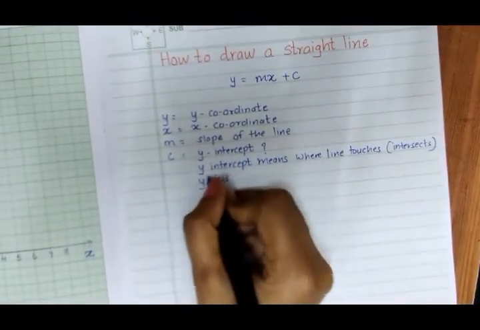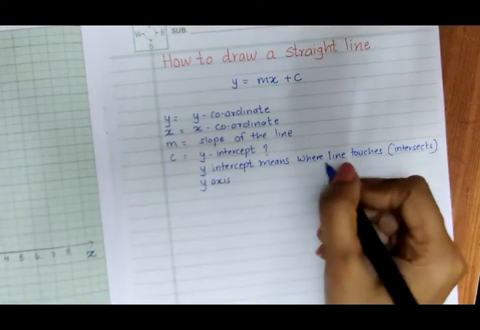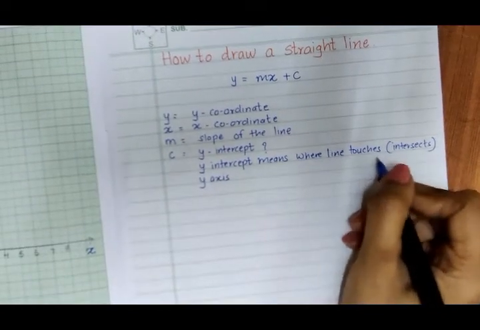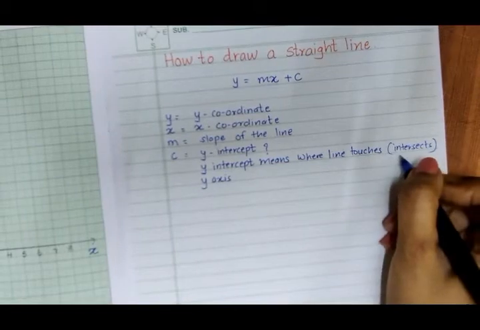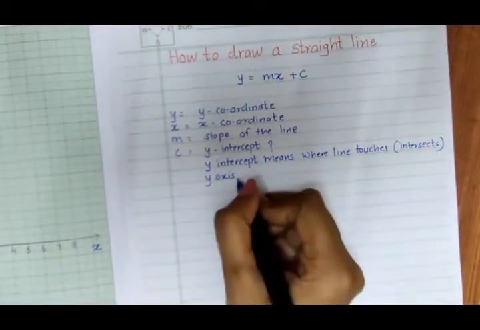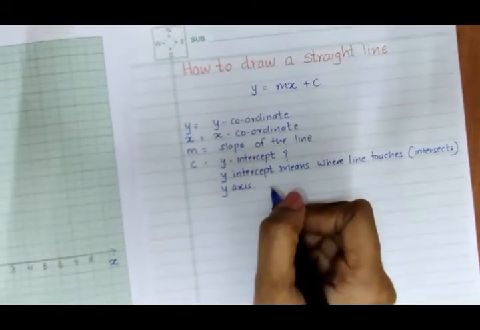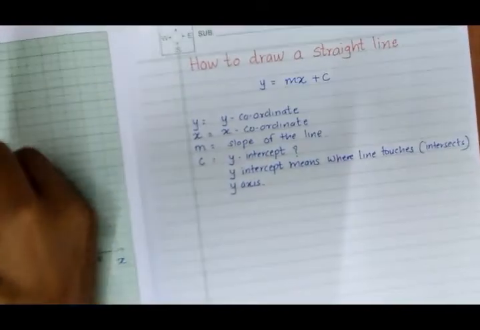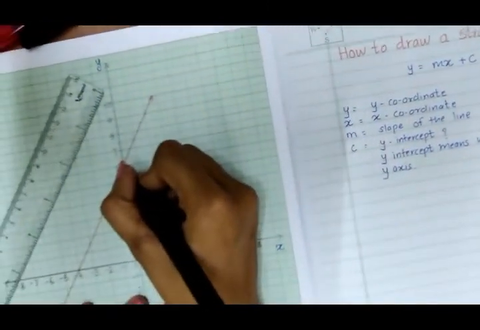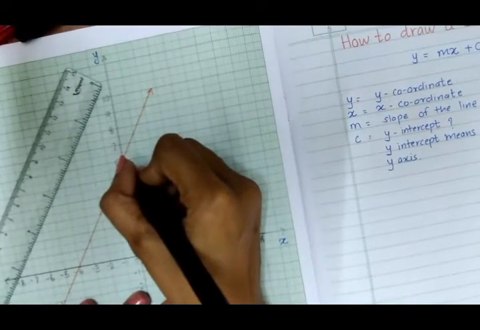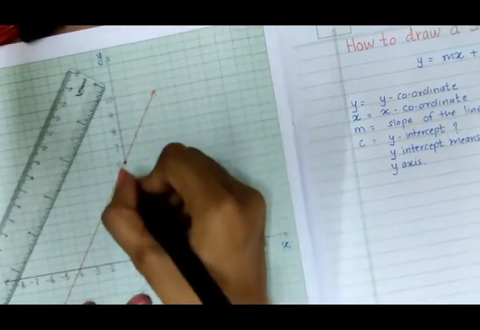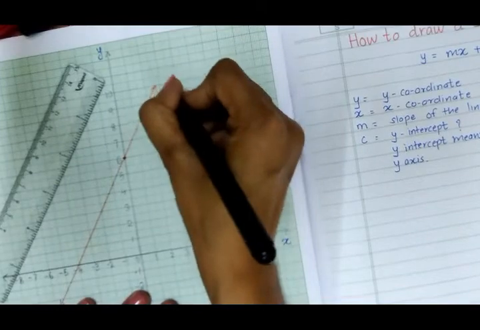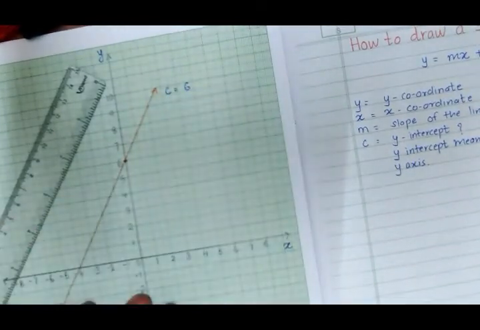So once again, y-intercept means where line touches, or in geometrical language that is called as intersects y-axis. You can see this example line which I have drawn is intersecting the y-axis at point c. So for this particular line, c value is equal to 6.